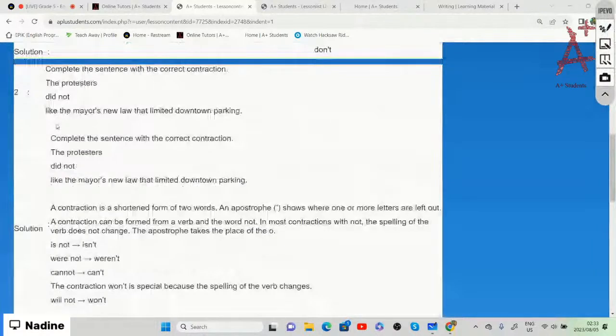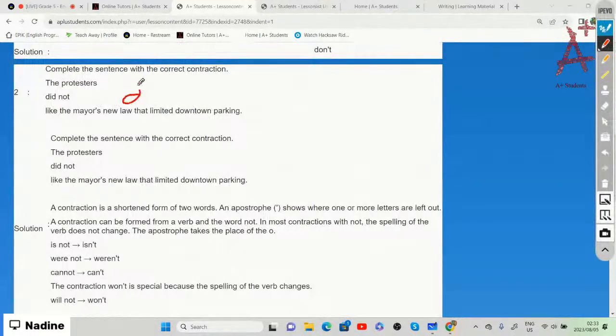And then the protesters did not like the mayor's new law that limited downtown parking. So did not is didn't, right?